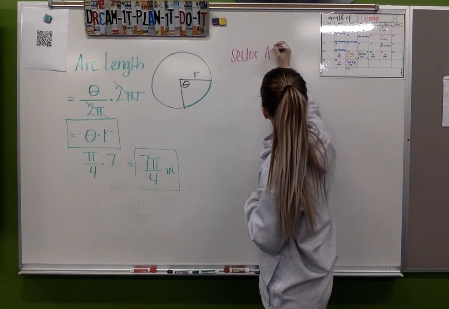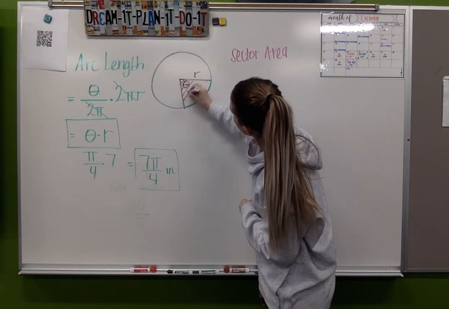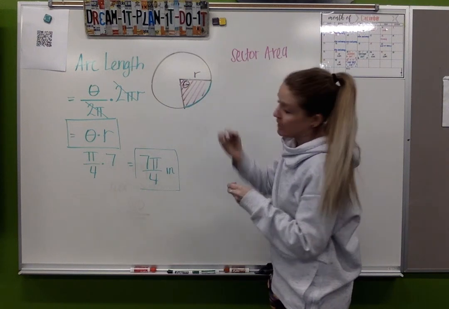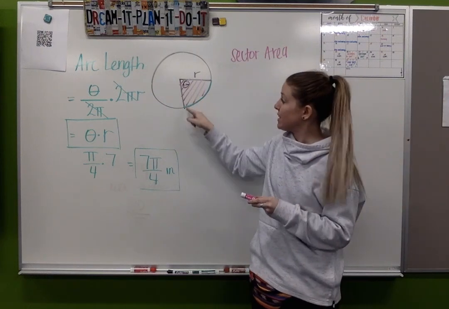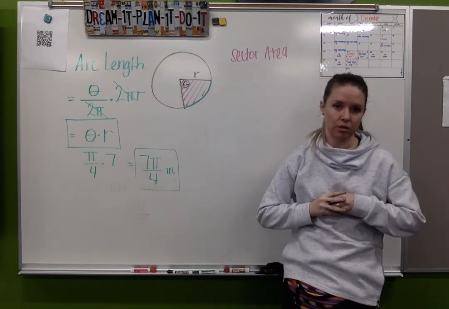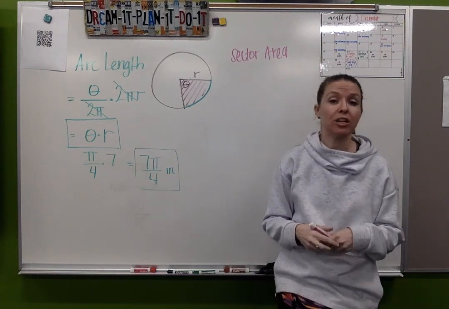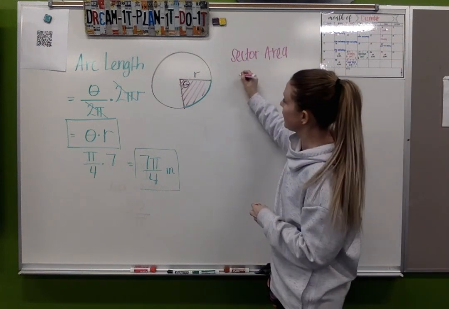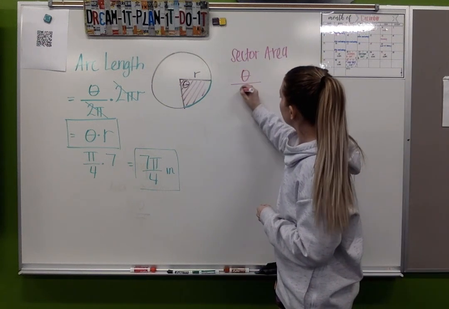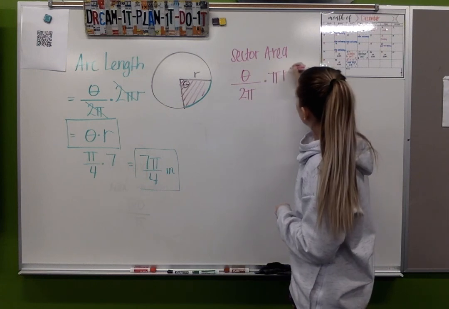Sector area is this whole, instead of looking at the outside of the circle, we're looking at this area of the circle. So instead of circumference, all we do is we look at the area of the total circle. So this formula is theta over 2 pi times pi r squared.